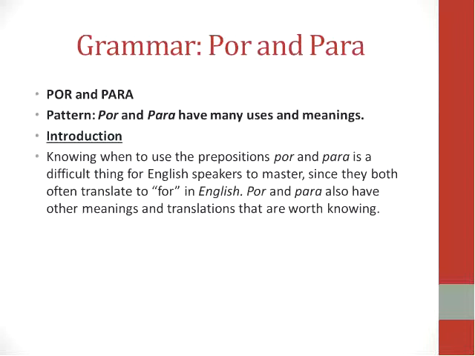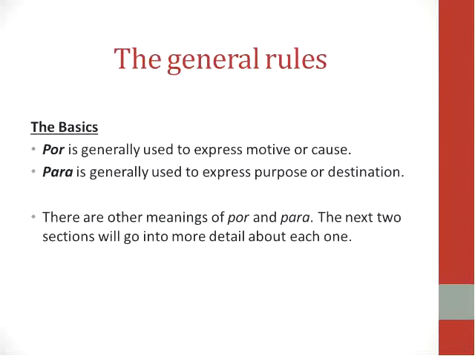However, it really has a variety of meanings or shades of meaning. And for that reason, it's confusing. Knowing when to use the prepositions por and para is sometimes a difficult thing for English speakers. But let's take a look at some of the grammar involved.